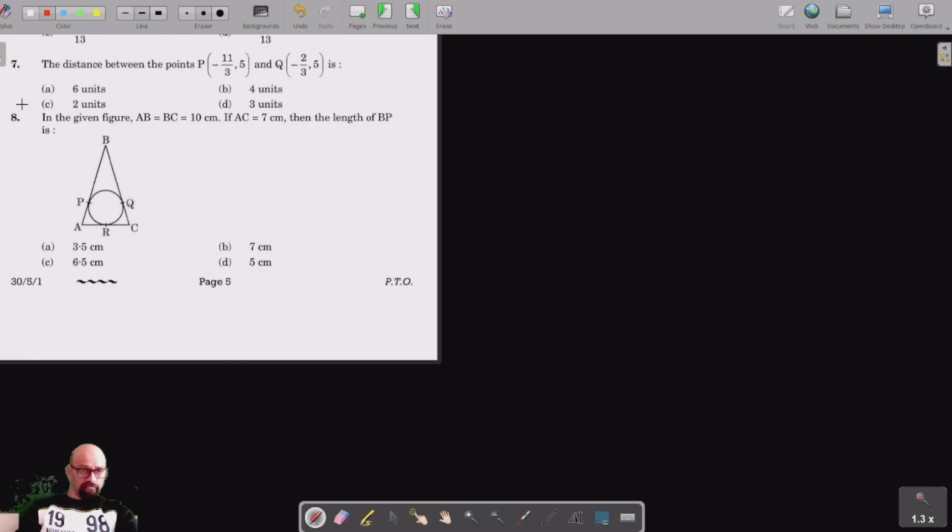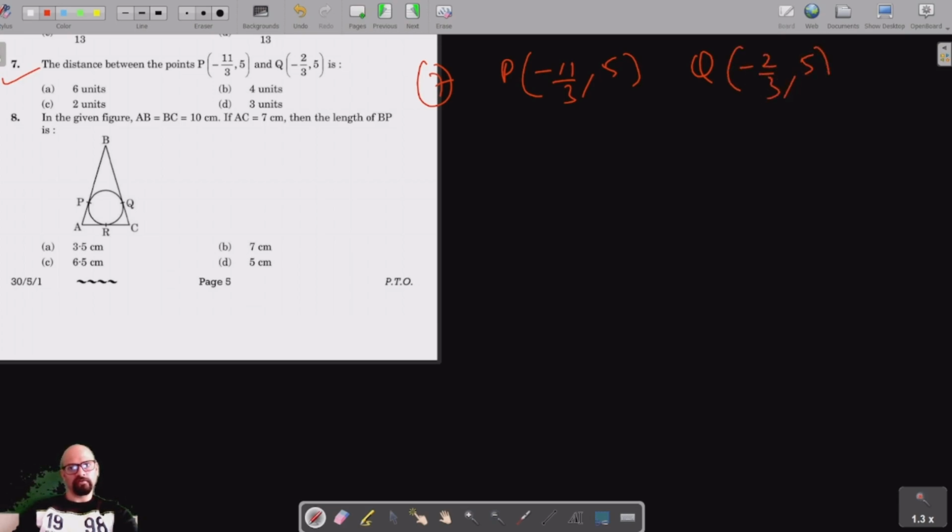For question number 7, we have to find the distance between the points P and Q. We know how to find the distance between the points by using the distance formula. P has the coordinates minus 11 by 3 comma 5, and Q has the coordinates minus 2 comma 5. Let's say the coordinates are x1 y1 and x2 y2.